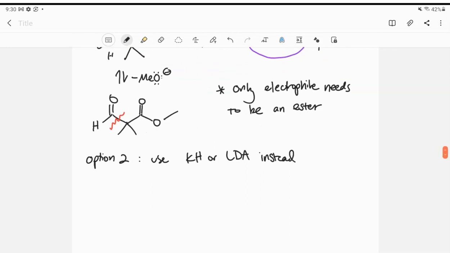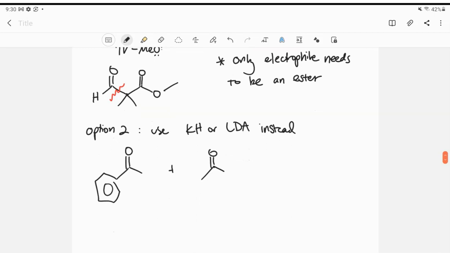So let's say we want, I don't know, acetophenone and acetone. We want this to happen. We can choose which one we want to be our nucleophile, and we'll have the other one be our electrophile. So with these, we can choose.